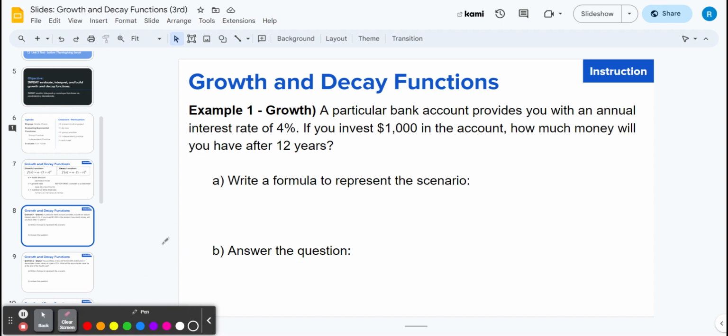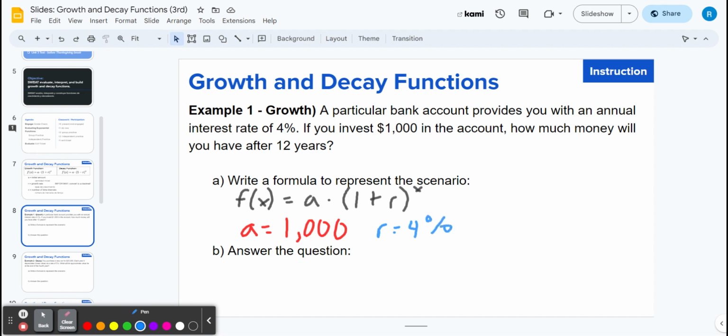If we take my growth rate formula to begin with, f of x equals a times 1 plus r to the x power, then we just want to start swapping out things that we know. So we know that a is equal to 1,000. And we know that r is equal to 4%.